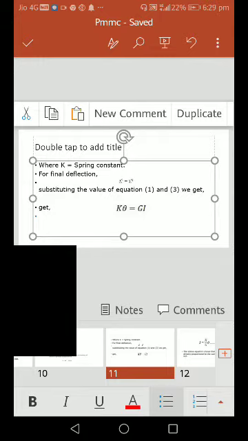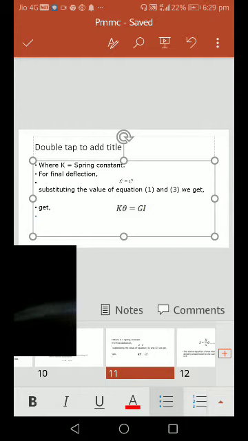Substituting the values of equations 1 and 3, we get K into theta is equal to G into I, where theta is the angular deflection.